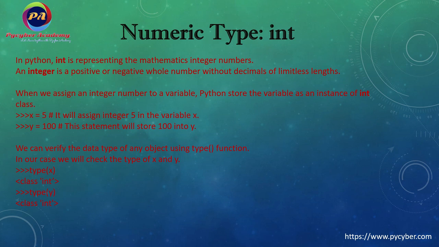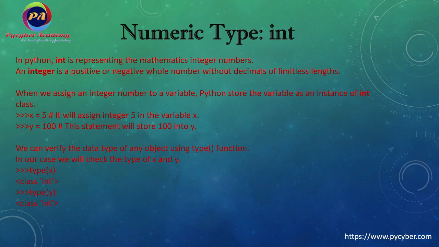When we assign an integer number to a Python variable in the statement x equals 5, remember that Python supports dynamic data types, so we don't have to declare the data type for a variable. We are assigning 5 to the variable x.